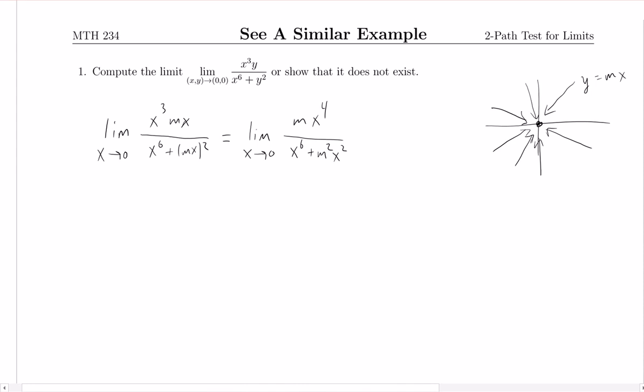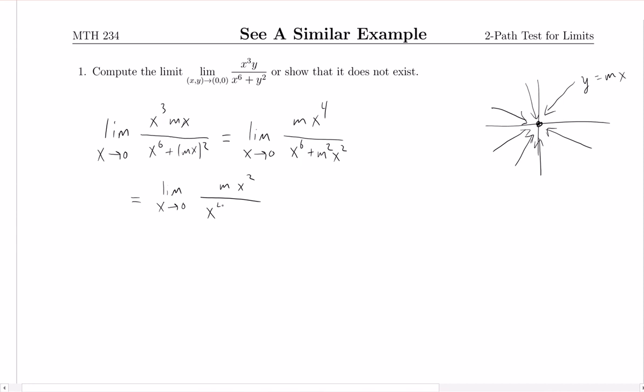We could simplify it a little bit more. Notice that all the powers of x we see are at least 2, so we can factor an x squared out of the top and the bottom and cancel it. So on the top, we pull out an x squared.